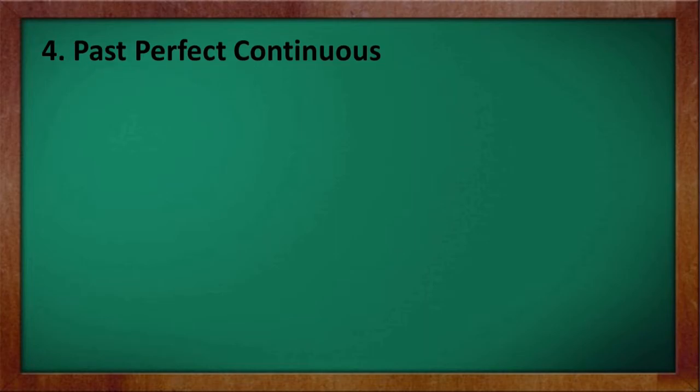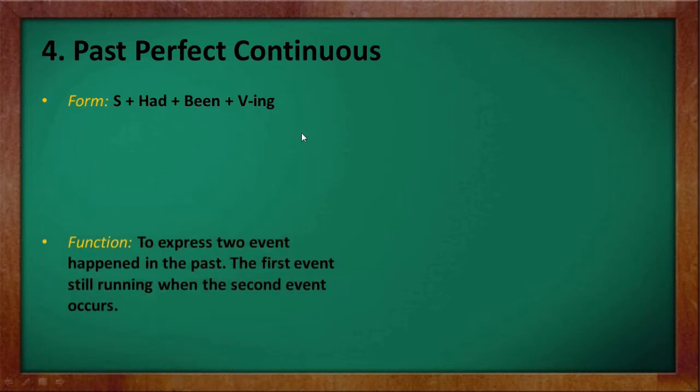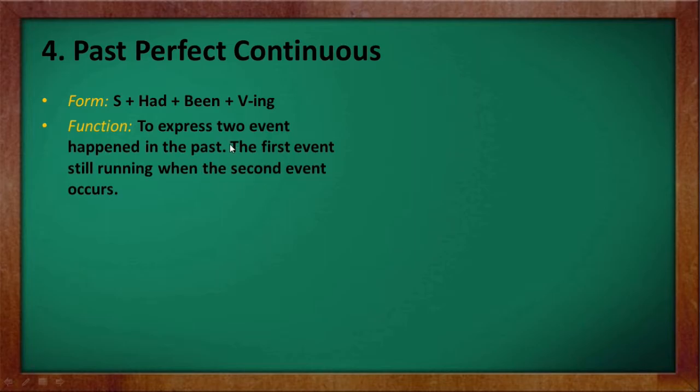Okay, next we will talk about the past perfect continuous tense. The general form of this tense is subject plus had plus been plus verb ing. The general function is to express two events happened in the past and the first event still running when the second event occurs.